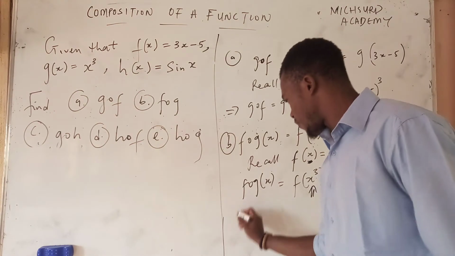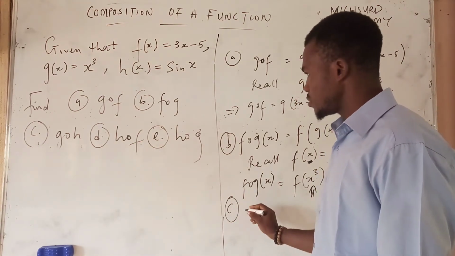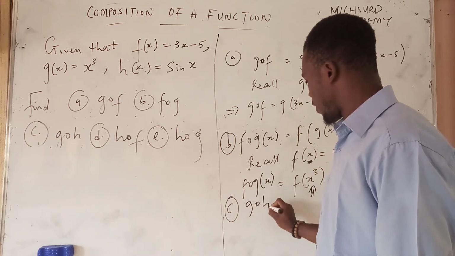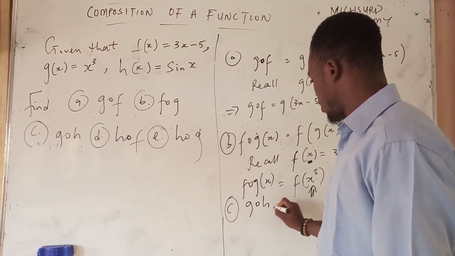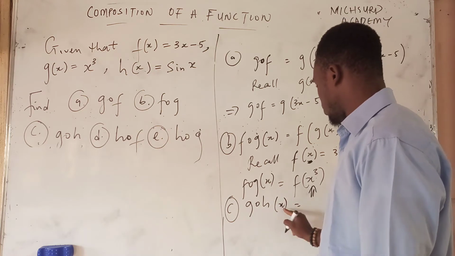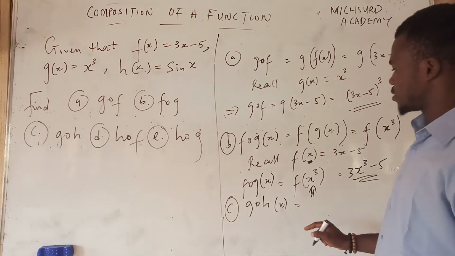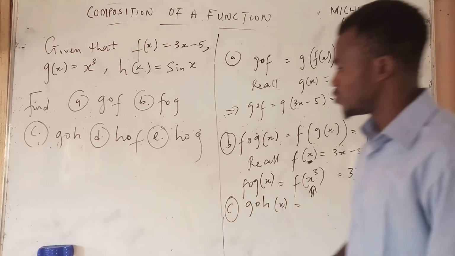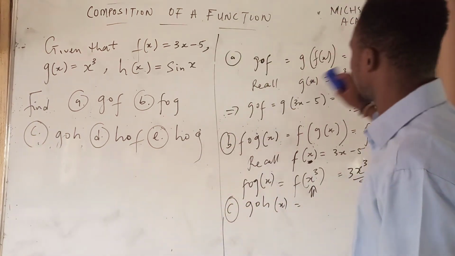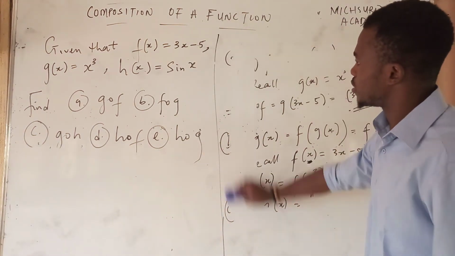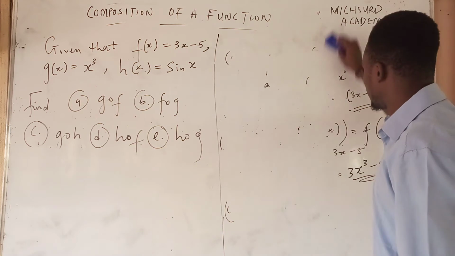The other one we have, let's do that one here, that is the g of h, and let's say the function that depends on x. So I think we should better do this up here so that we can understand better.